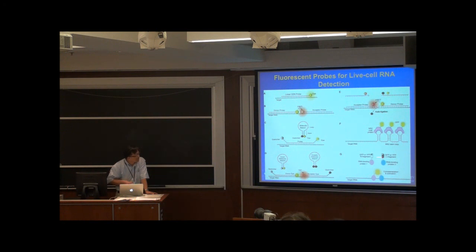Another approach is very novel but very difficult: you have two halves of the fluorescent protein, and when you bring the two halves into close proximity, you reconstitute the fluorescent protein.